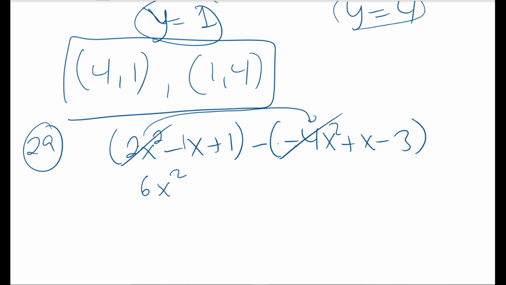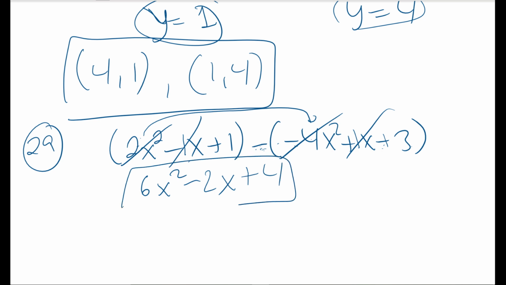Now we have negative 1x take away 1x. So negative 1 take away 1 is negative 2x. Takes care of those. Positive 1 take away negative 3. Those two negatives become a positive. So 1 plus 3, that's going to be 4. So plus 4. That is all there is to it. It's just combining those like terms by subtracting them.